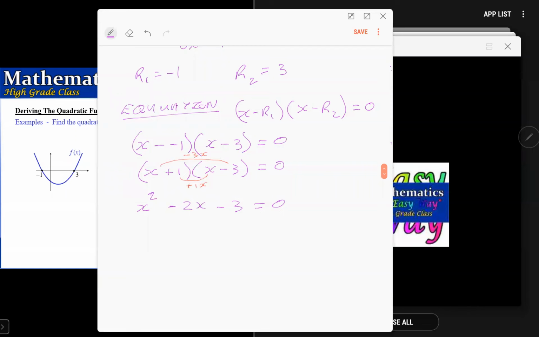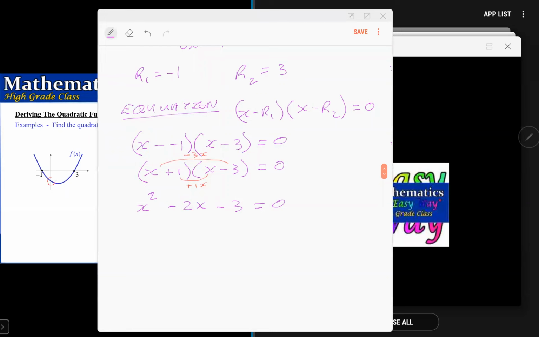Now, this equation matches the function because if you notice, you have a smile graph, so it matches the smile graph. In addition to that, if you look at the graph here, the y-axis intercept on the graph is negative, and this is also negative. See it here? Over here, this is negative.